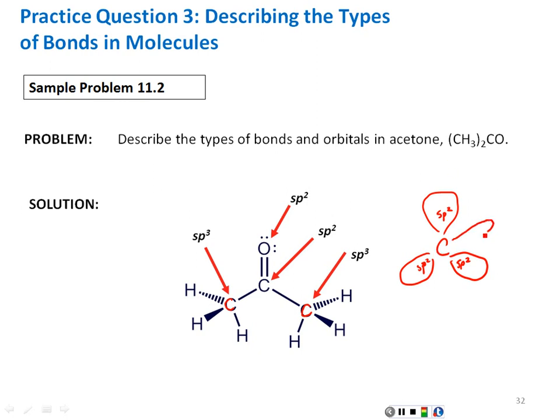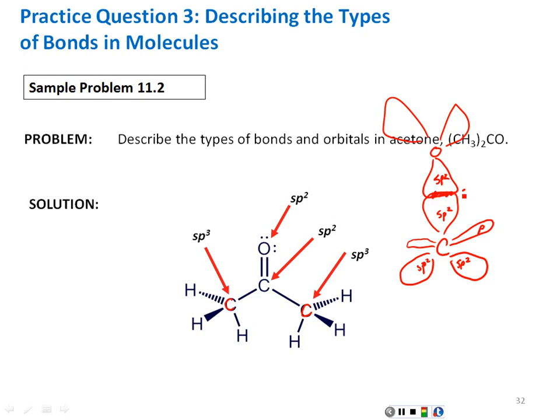And it also has one unhybridized p orbital. Oxygen will be the same. It has 3 sp2 orbitals.